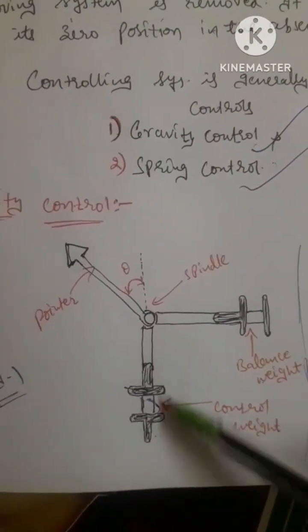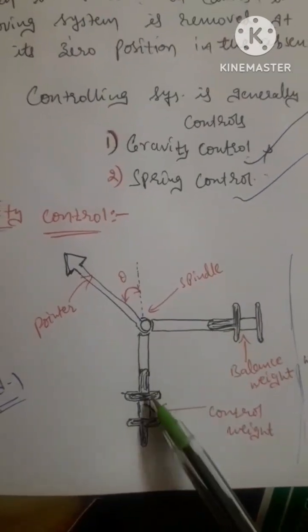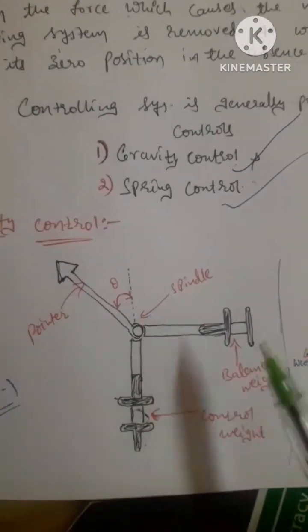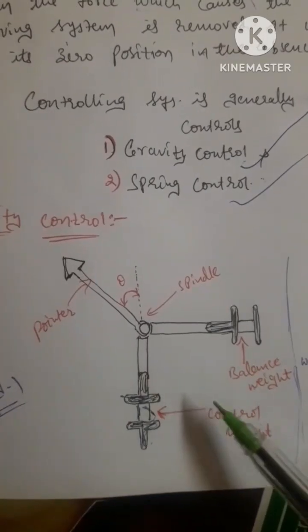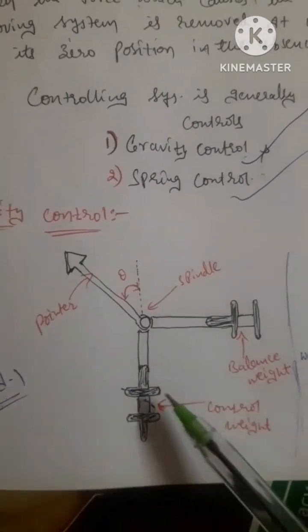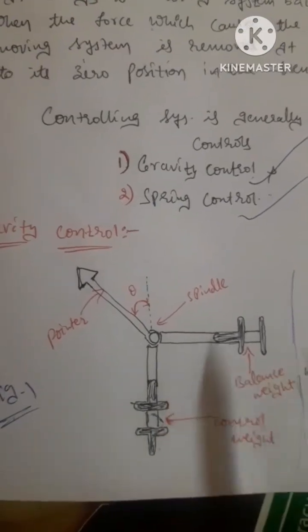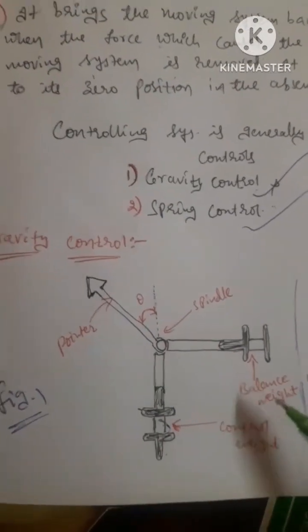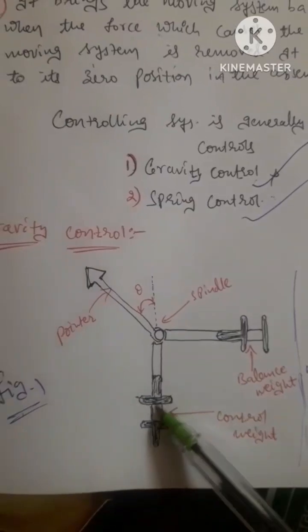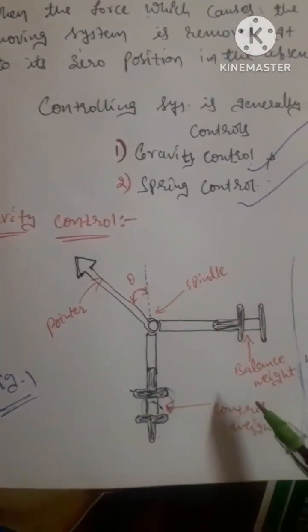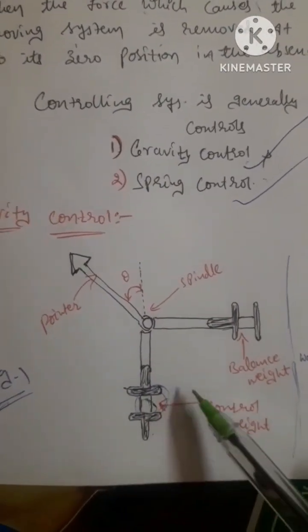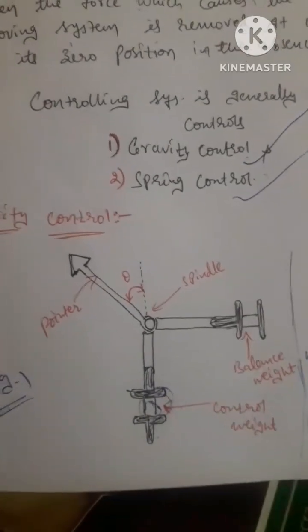The weight can be adjustable. This weight produces the controlling torque due to the presence of gravity, so it is known as the control weight.